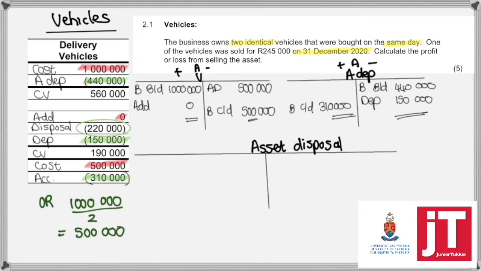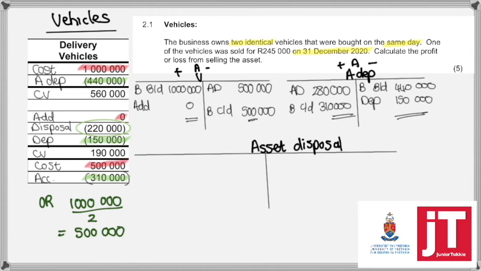So the balance at the end is given to us, 310,000. So to find out what was the total accumulated depreciation on the asset which I disposed of, we take the credit minus the debit, and that equals 280,000. So now, by completing the asset disposal account, step number 1, take out the cost.